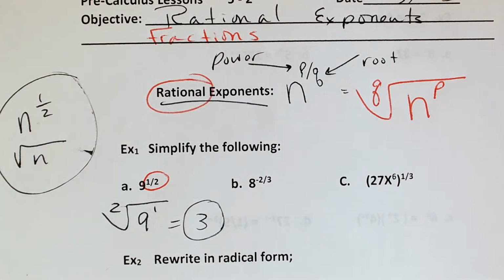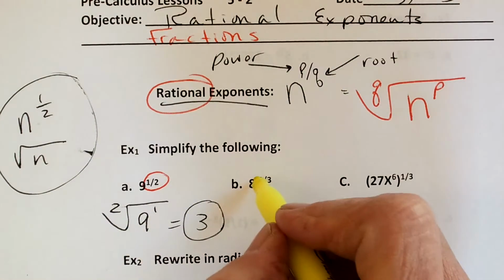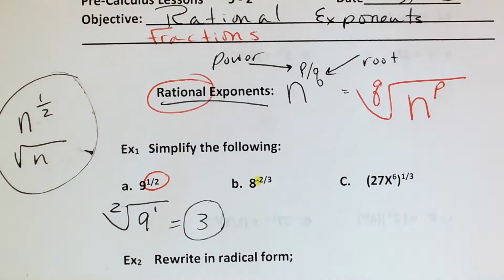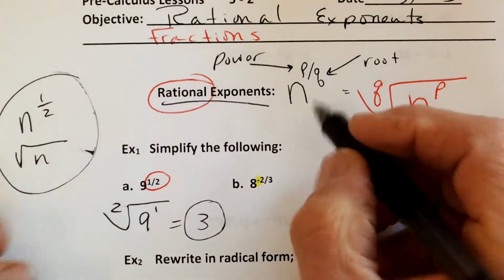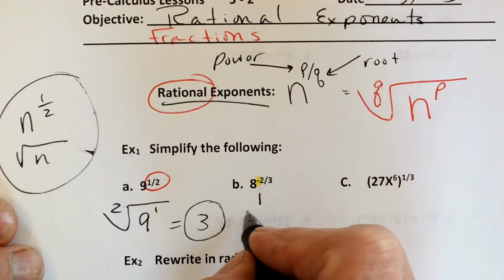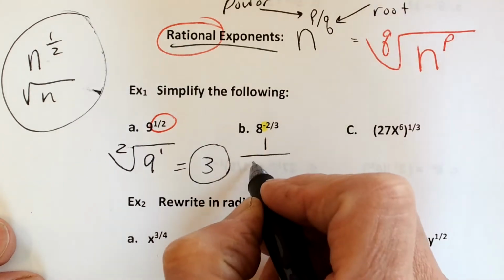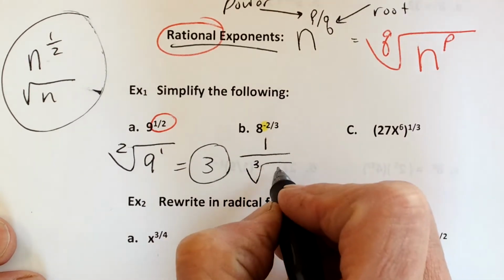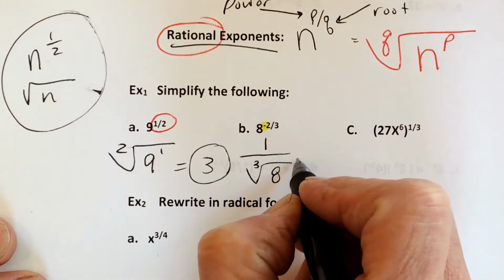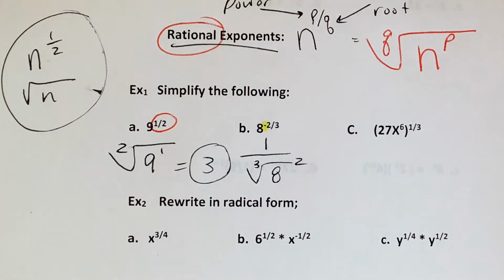B has a couple of things in it. One has the negative exponent, so we know we learned about that yesterday. If it has a negative exponent, we're going to make it a 1 over. The cube root of 8 squared, and I'm going to take this one step further.